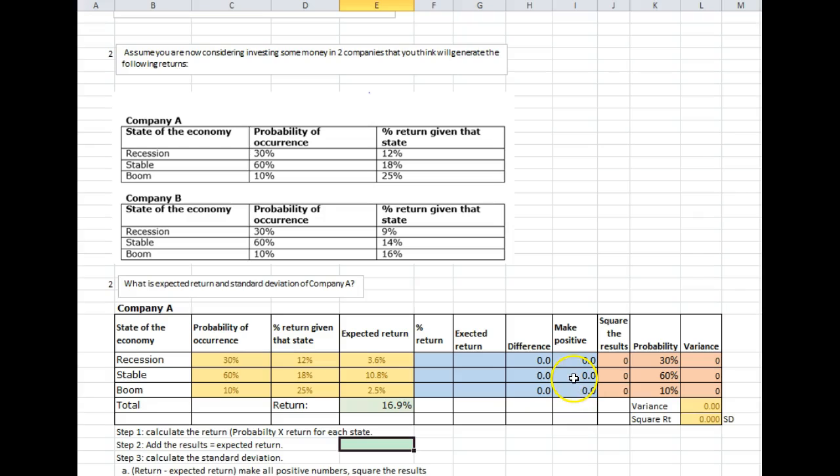Now, the next thing you want to do is look at the standard deviation. You have to find the variance to find the standard deviation. Standard deviation is going to show you how much risk, how much volatility is in that stock. To figure that, we now have the expected return, so we have to figure out the variance of each of the states from the expected return.